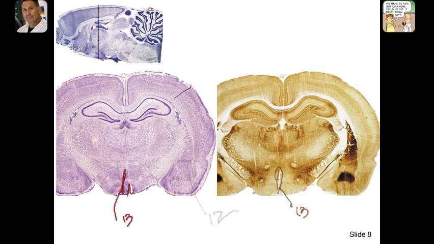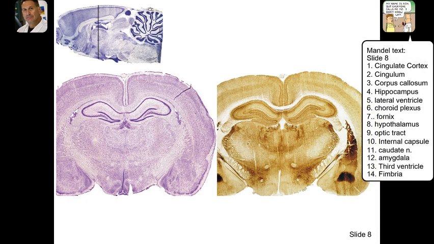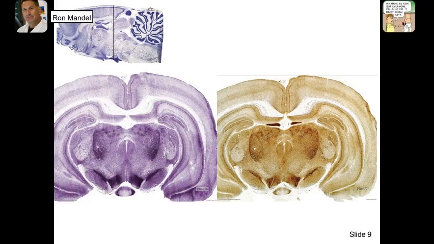And then this is the white matter coming off of the hippocampus, called the fimbria. Cingulate cortex.